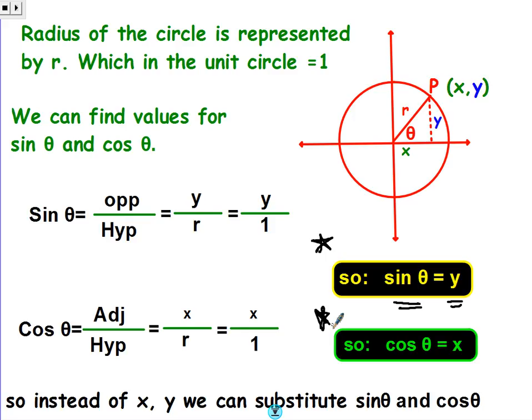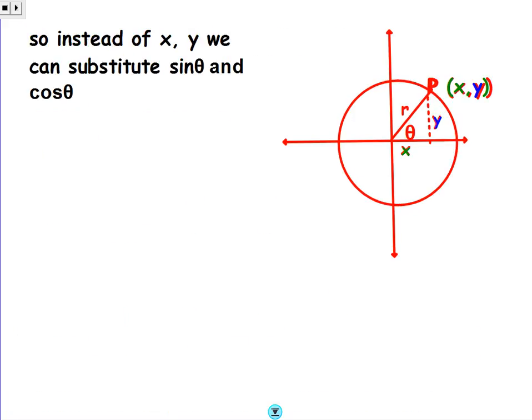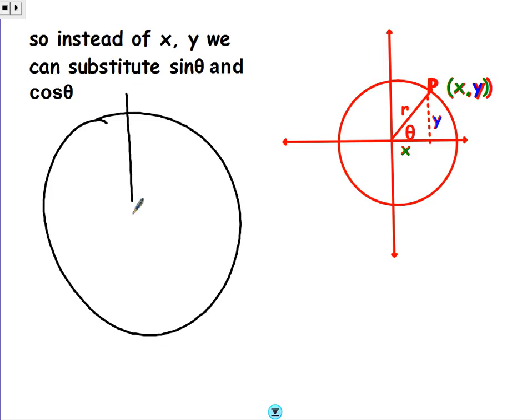So instead of x and y, we can substitute cosine theta and sine theta into our point. Which one comes first, sine or cosine? Cosine. Cosine comma sine. All right. You guys don't have this page because it wouldn't fit on the 8 pages that I had to fit. So if I had this circle, I just wrote it at the bottom of your page.